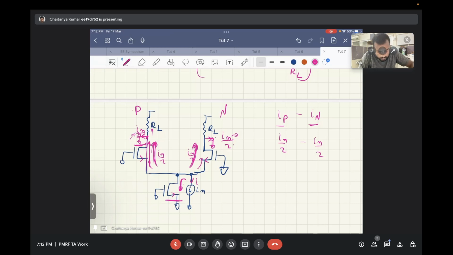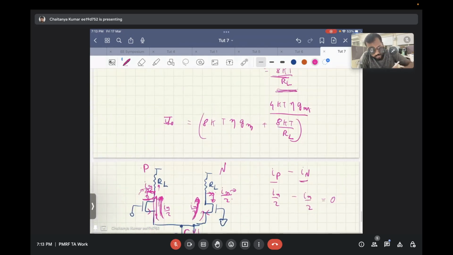Now these are actual quantities, not the power of them. Are you getting this point? Yes, sir. So that's why the noise contribution from the tail current source will be zero.